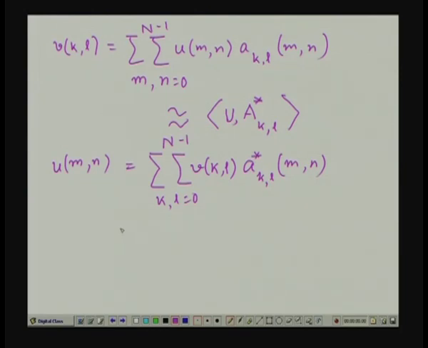So, again you find that in the matrix form, this will be written as U equal to summation V K L into A star K L, where both K and L vary from 0 to capital N minus 1.